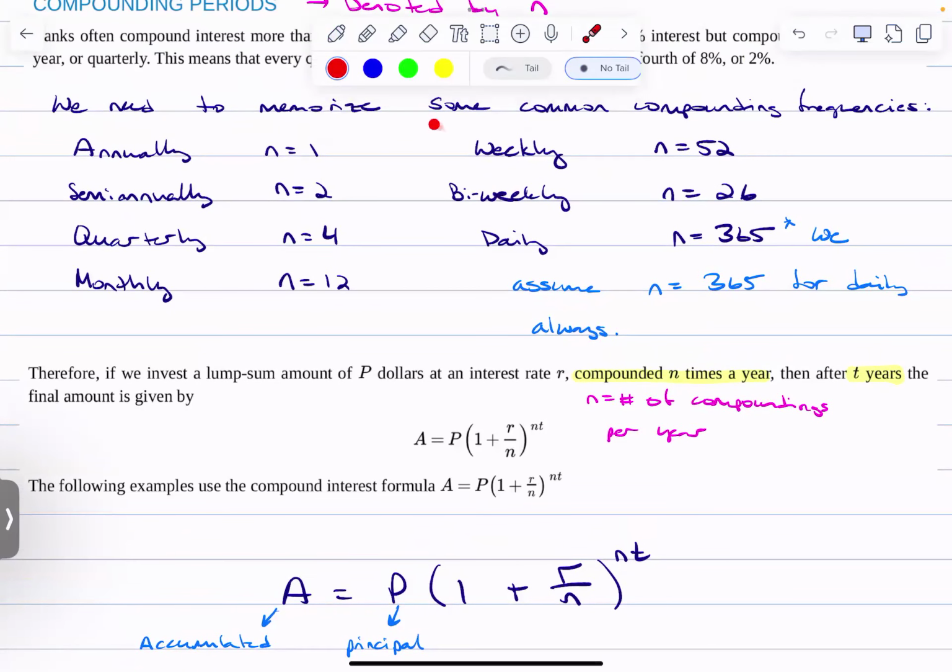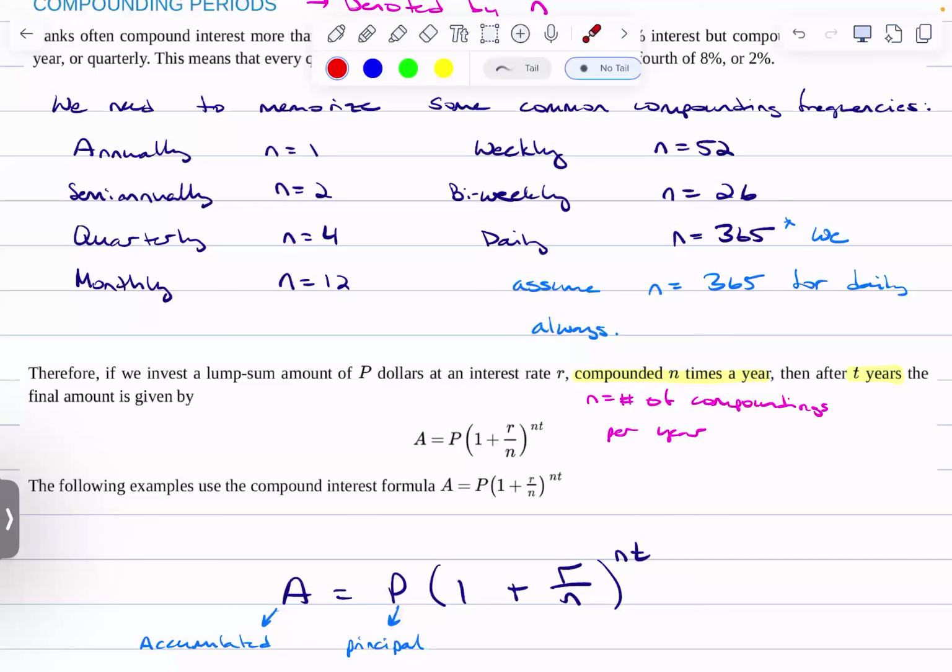So that's why you want to have a good handle on these frequencies. In the test, I tend to use kind of common ones: monthly, quarterly, daily, weekly, things that you probably remember. If on the test you're like, oh, I totally forgot what this n should be, that's not what I'm testing you on.